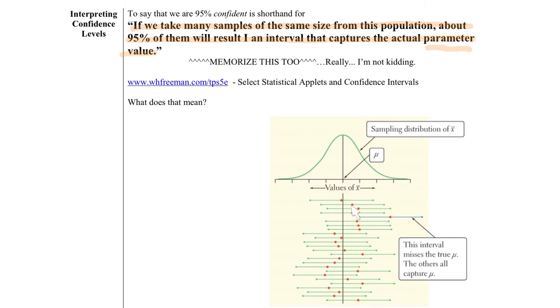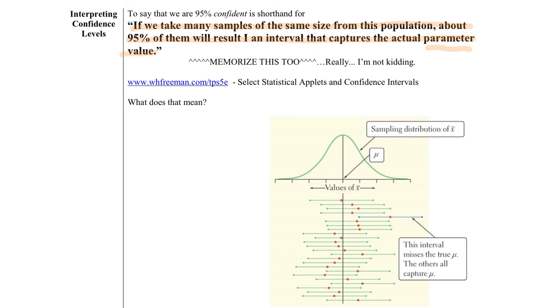And you can see that most of the time, 95% of the time, that green bar will capture the true mean of the population. Now, this one time represents the 5% of the time that we miss. So 5% of the time, whatever my x bar is, whatever my estimate of the mean is, it misses the mark. That's what a 95% confidence level means.